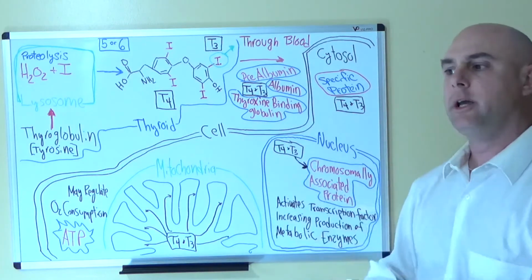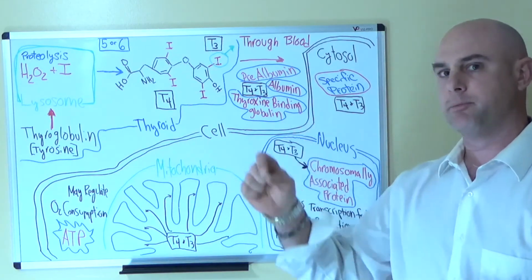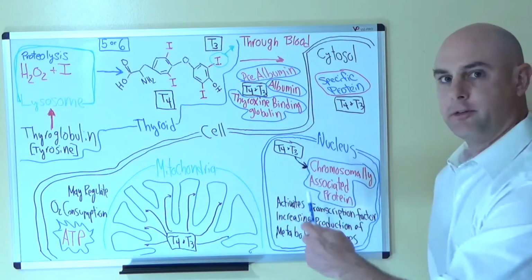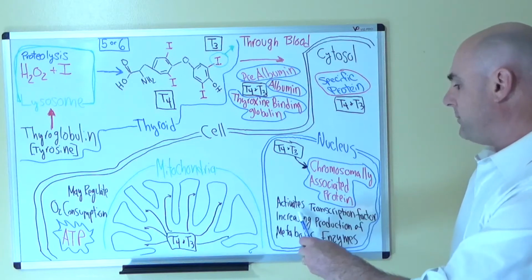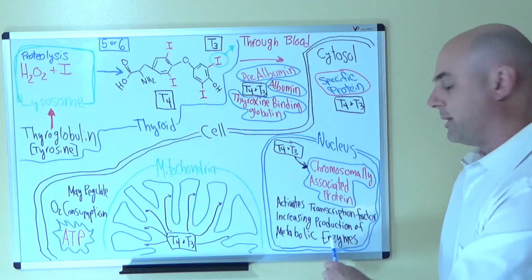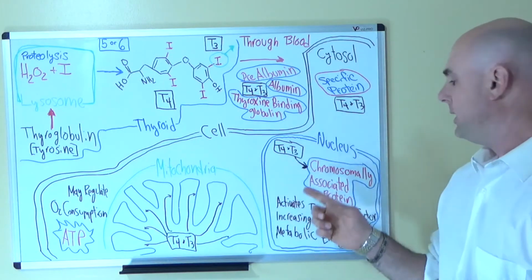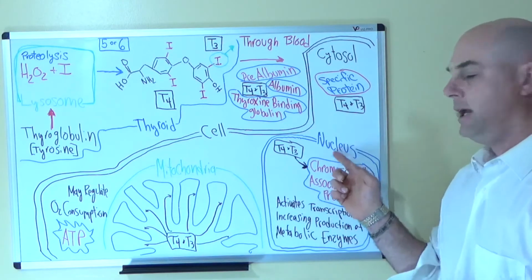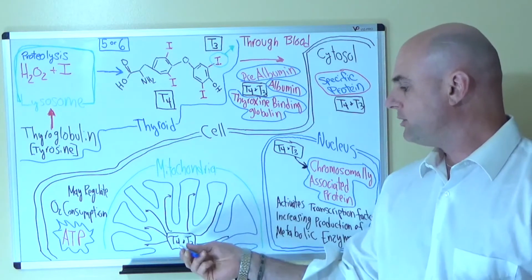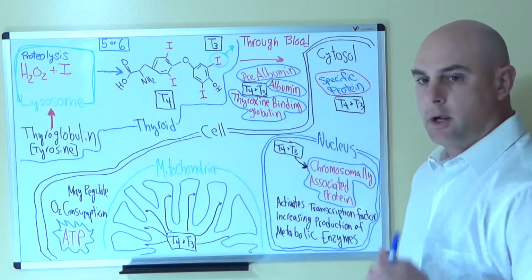And when a gene's turned on, it increases the production of certain enzymes and proteins. So the receptor for T4 and T3 actually activates transcription factors for increasing the production of metabolic enzymes. So it raises metabolism when T4 and T3 bind to this receptor protein in the nucleus. It increases the metabolism.